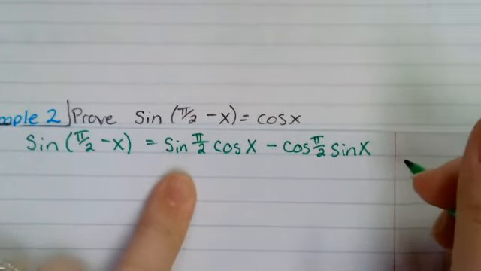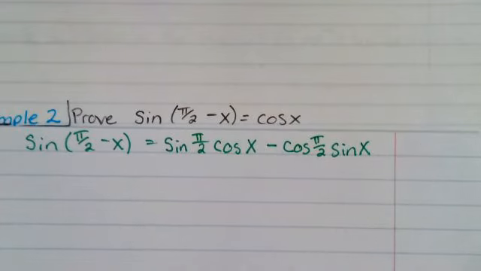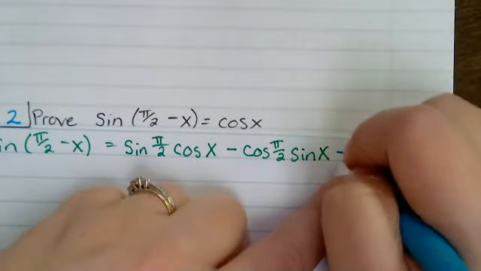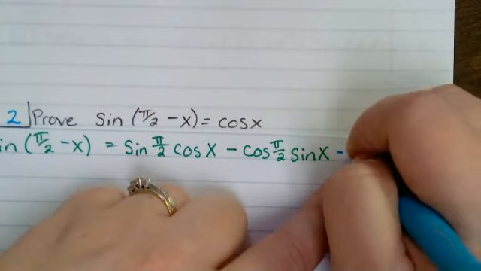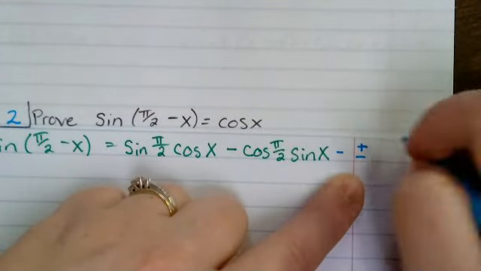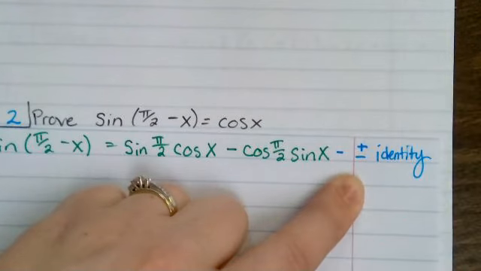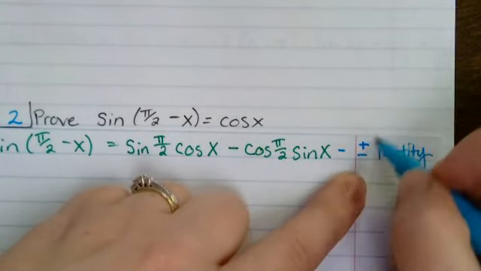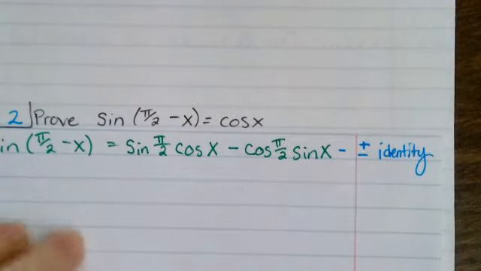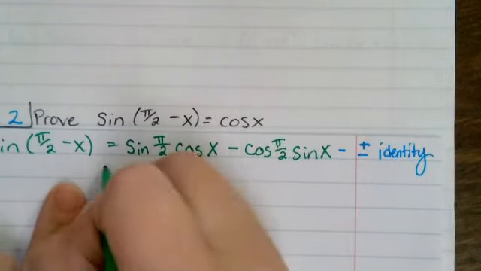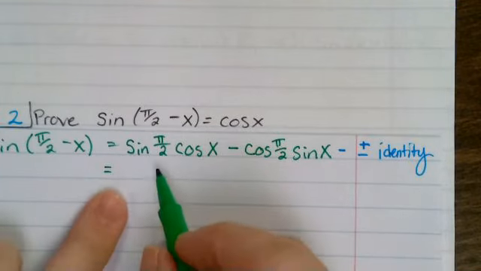For proofs, we like to be able to justify why we did what we did. So just off to the side, I'm going to write plus or minus identity, because I'm running out of space to write sum and difference. Now from there, we're going to take another line of work straight down and clean this up some.